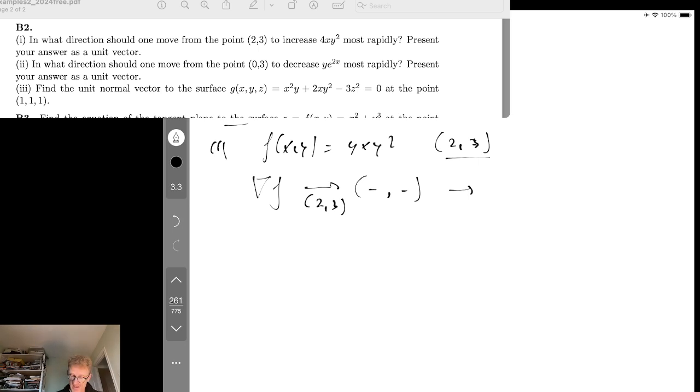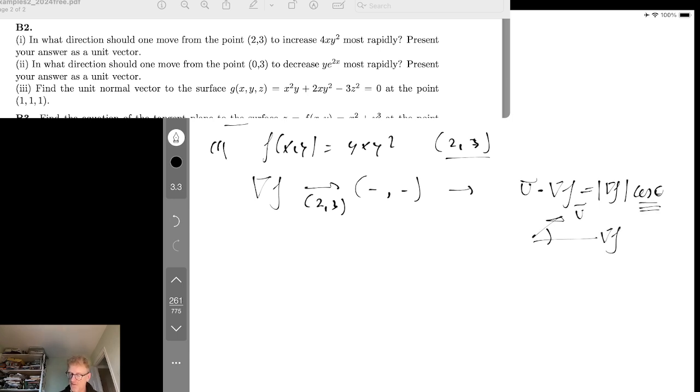So recall that if you have a vector, it needs to be a unit vector. u dot grad f is the modulus of u, which is a unit vector, so the modulus is 1, times the modulus of grad f, and then cos theta, where theta is the angle between u and grad f.